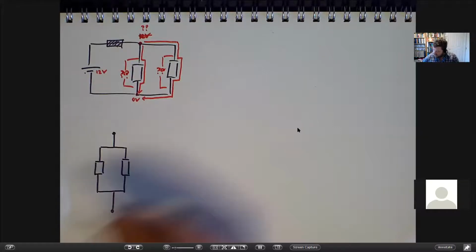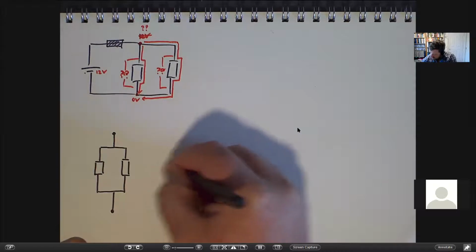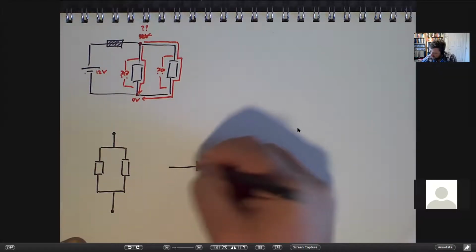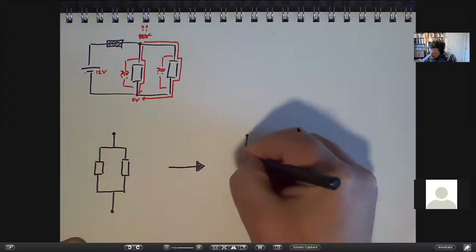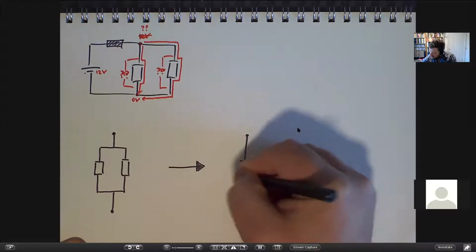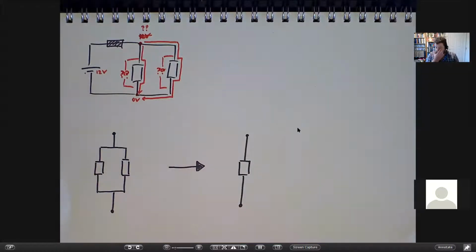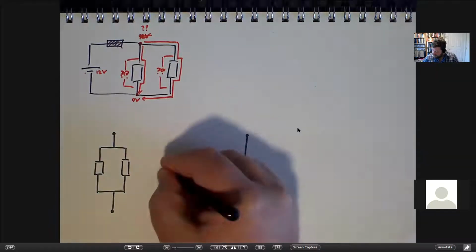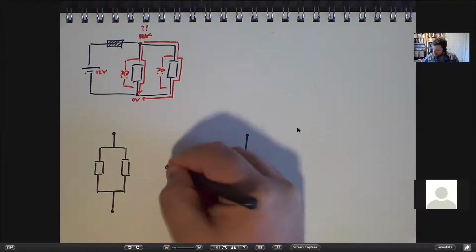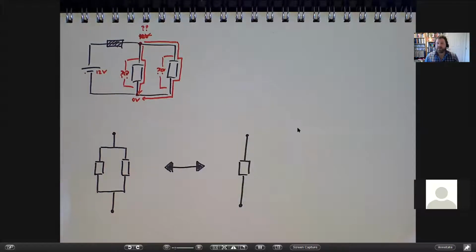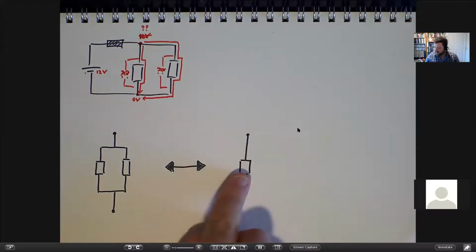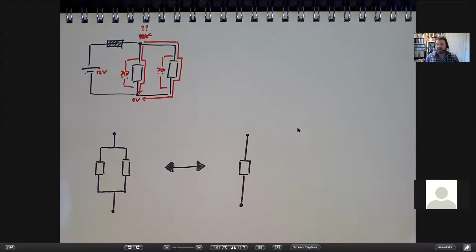So we're going to say, what is that equivalent to if we were just going to put one resistor into our circuit? What is the equivalent one resistor we could put in here that would exactly replace this parallel setup of two resistors? Okay, please stop me if that's not making any sense.